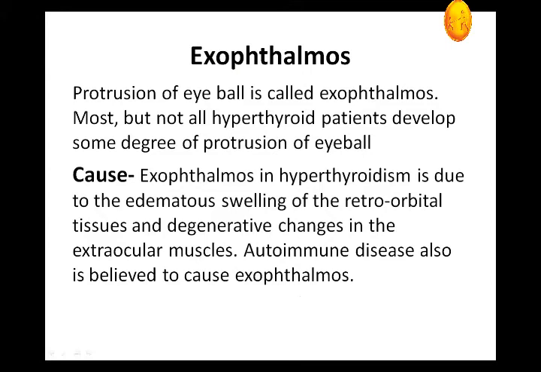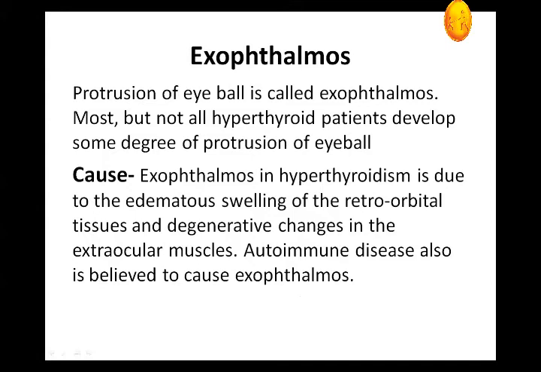That is called exophthalmos. What is the cause of exophthalmos? The cause is edematous swelling of the retroorbital tissue, retro meaning behind, and degenerative changes in the extraocular muscle.